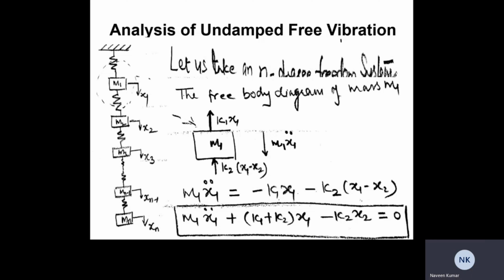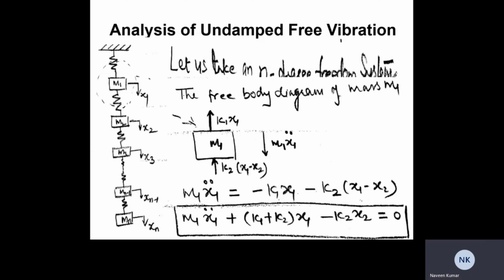If this spring is compressed, it is going to exert a force in the downward direction on the mass m2, that is k2 into (x1 minus x2). Similarly, assuming that x2 is more than x3, this spring would also be compressed, because x2 is downward and x3 is downward. So the net would be a compression of this spring, and the force exerted by the spring on this mass would be upward, equal to k3 multiplied by the net compression, which is x2 minus x3.